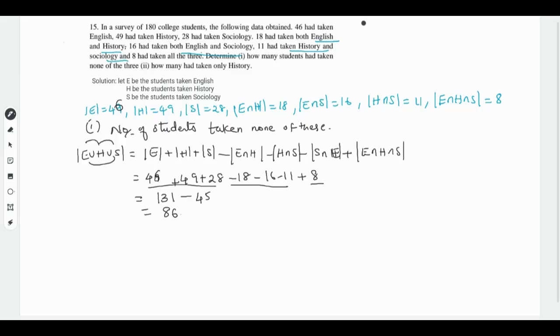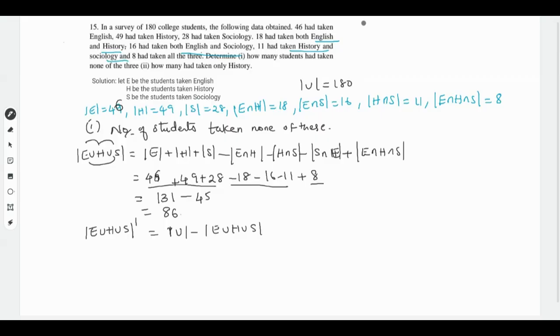So now we need to find the students who have taken none of the subjects. It will be the complement of E union H union S, which is U minus E union H union S. Now U is given as 180.